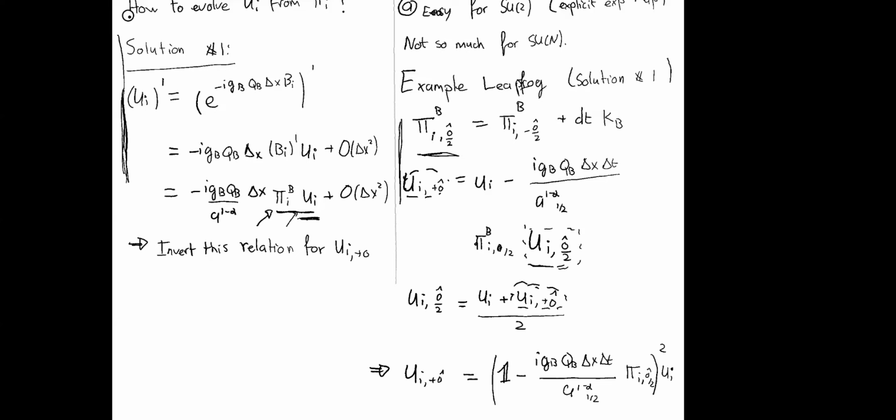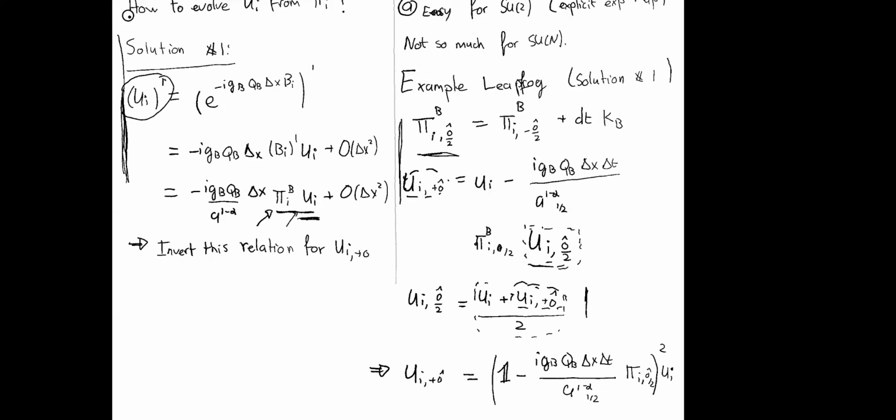But since it comes from the time derivative of the link itself, it also involves the link, and the link doesn't normally live at this half integer time step. So to have a scheme of the right order, you need to interpolate this link at half a time step by summing the two links and dividing by 2.